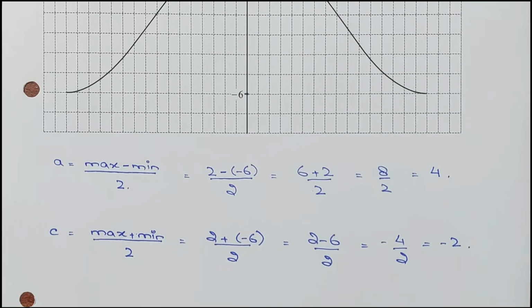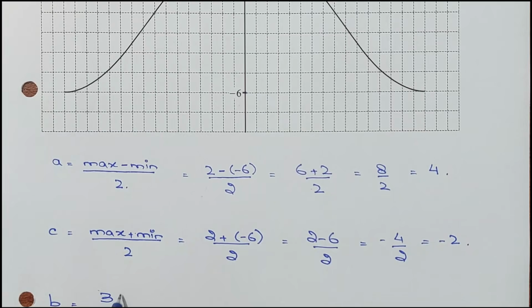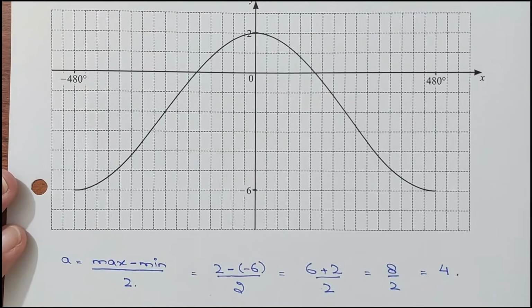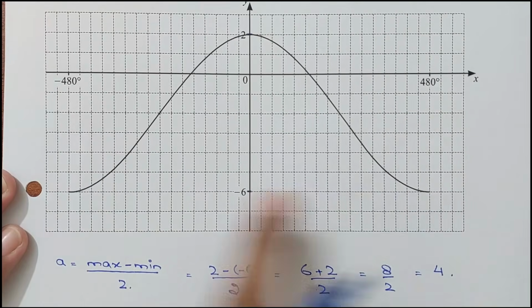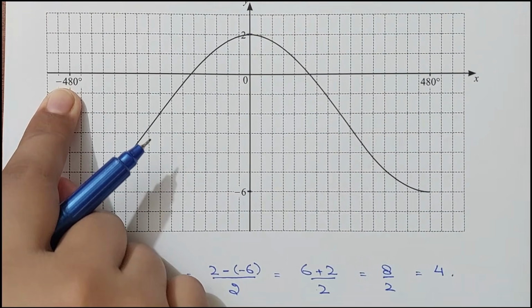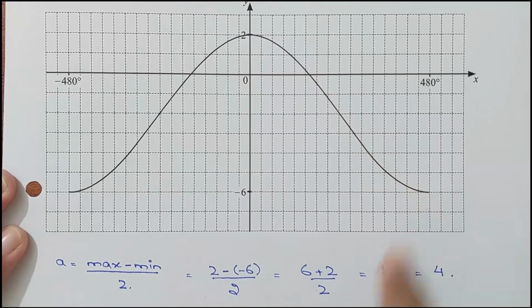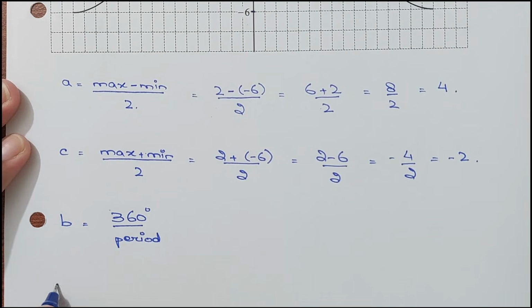Now to solve for b, b equals 360 degrees, since the domain is in degrees, divided by the period. So we have to solve for the period first. The period is the starting point minus the ending point, so from -480 to +480.